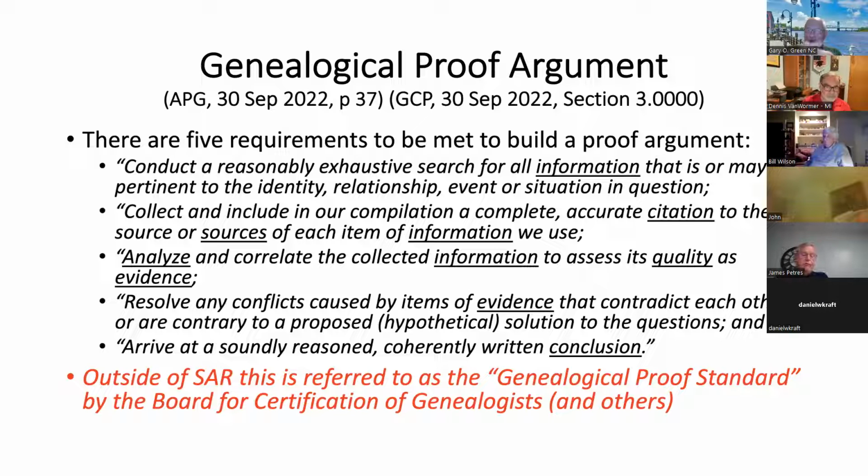Again, it's actually called the Genealogical Proof Standard by the BCG, and unfortunately, in my opinion, we still don't give them proper credit, but it does make the point that we are right in line with the standards of the BCG as to what needs to be done for proper genealogical research.